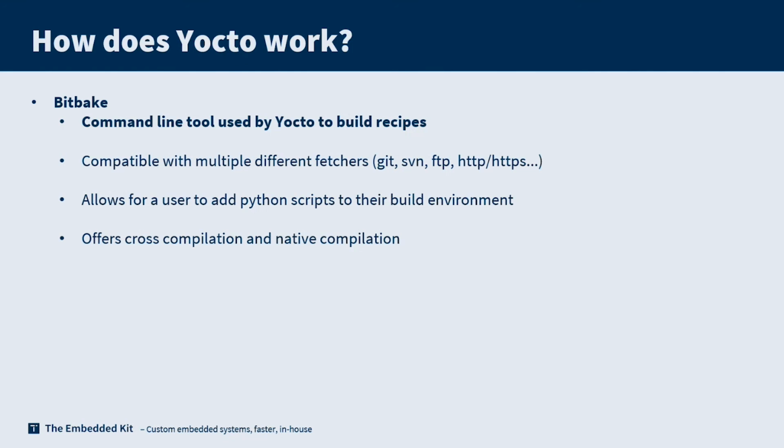And it's compatible with Python. It's mostly built in Python. So you can append Python scripts to your build environment and it will run this. And it also offers cross compilation and native compilation. So cross compile to this target system and it will also compile native 64-bit x64, whatever.